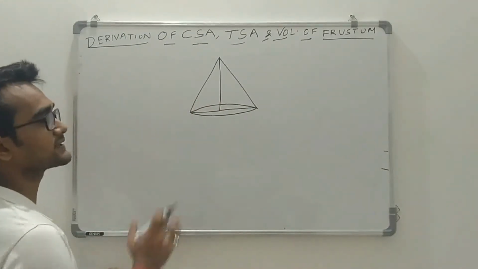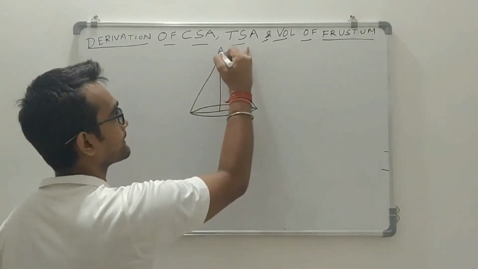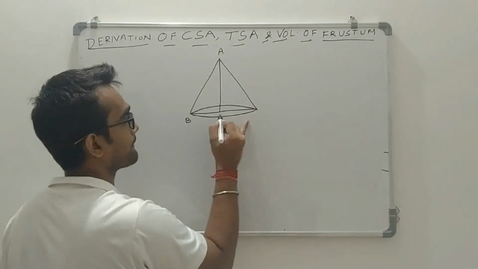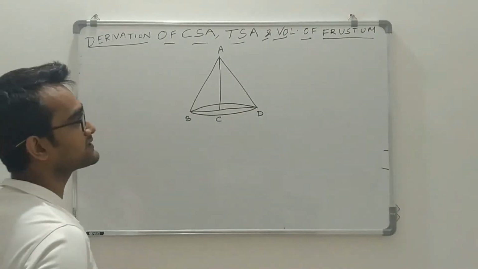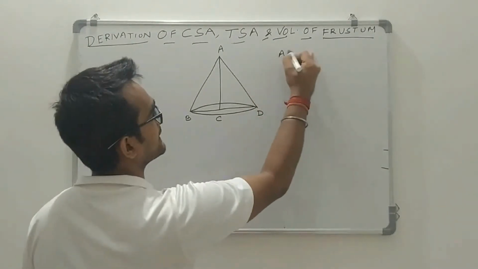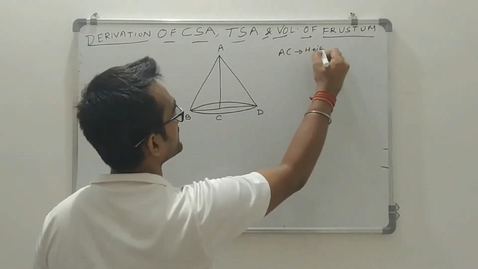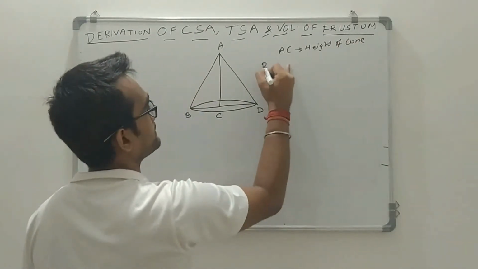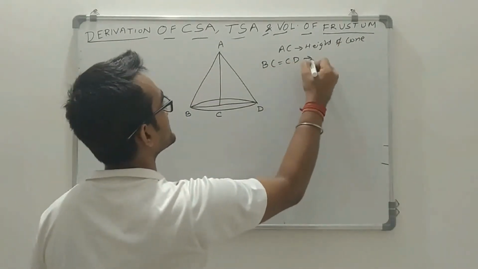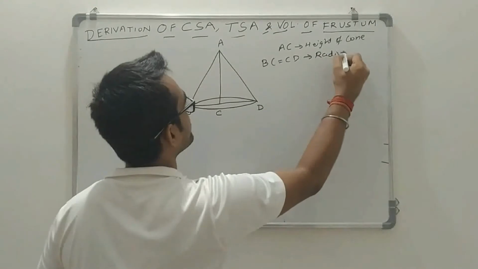Firstly, we will consider a right circular cone. In this cone, as you know that AC is the height of cone, BC equal to CD is the radius of base of cone.